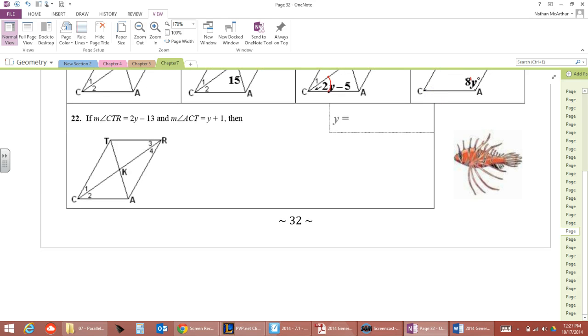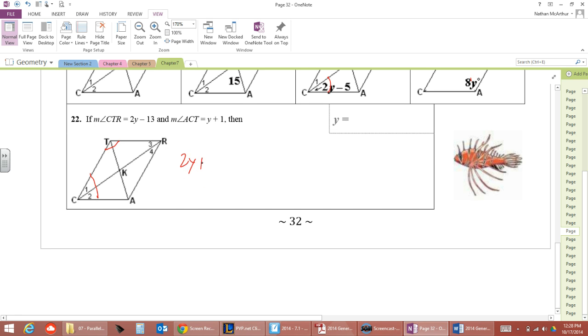If CTR is equal to... equal 180 because they're combined. 12 is equal to... 12 plus 12 gives me 3y is equal to 192.